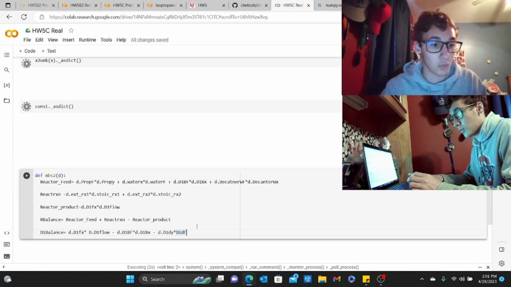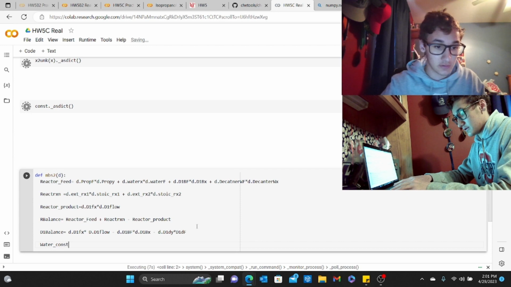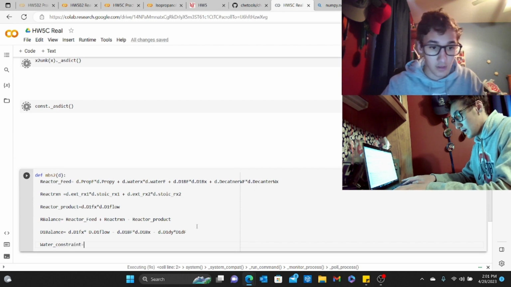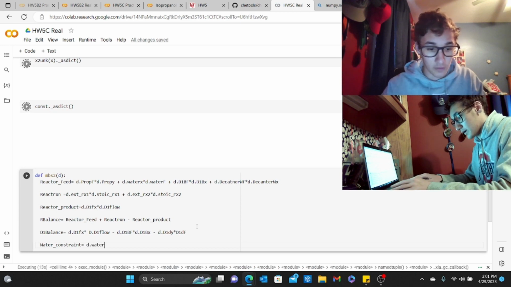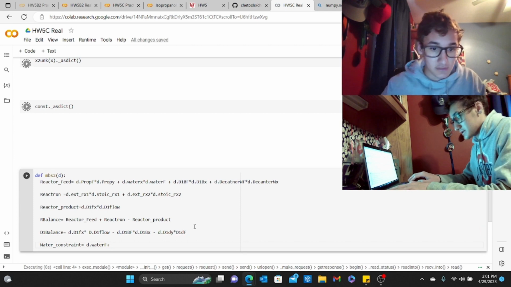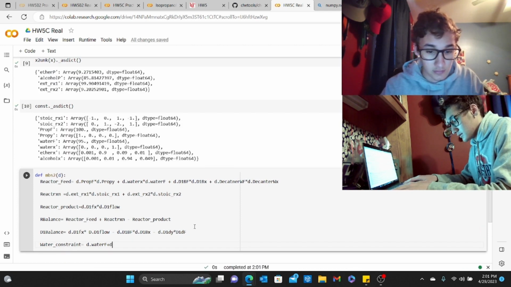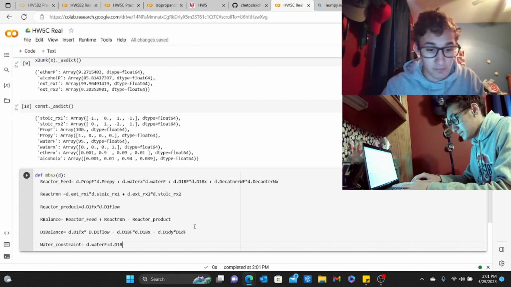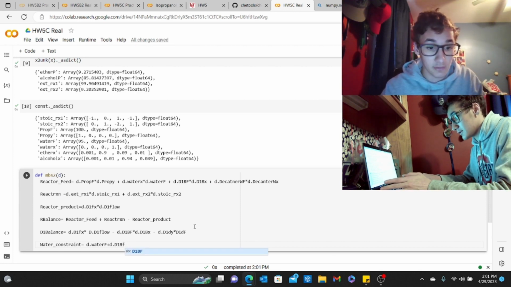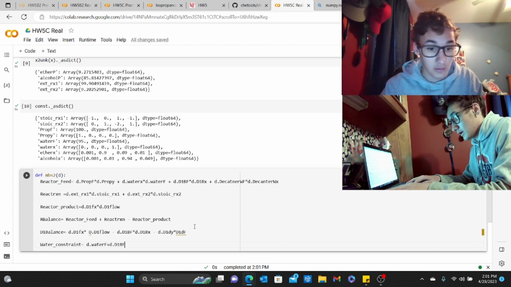Now we want to work with the water constraint. So the water underscore constraint equals, we're going to add all of the water flows together. So it's going to be d dot water f plus d dot d1bf, as the bottom of the flow most likely is also going to be leaving as mostly water, hopefully.